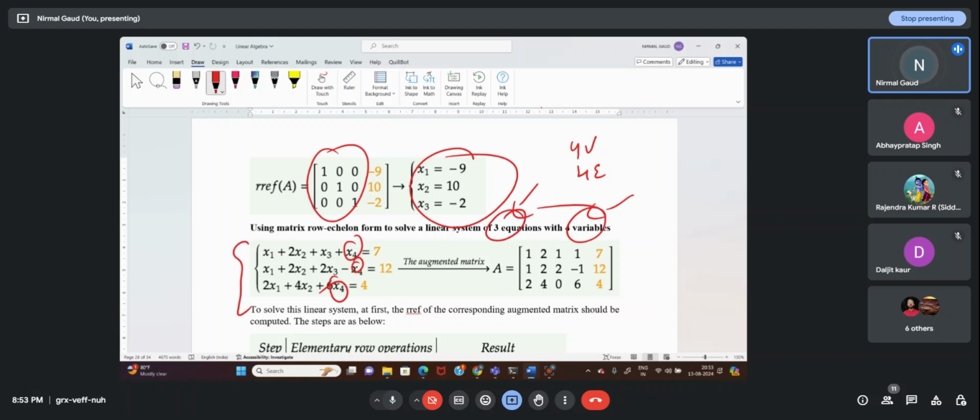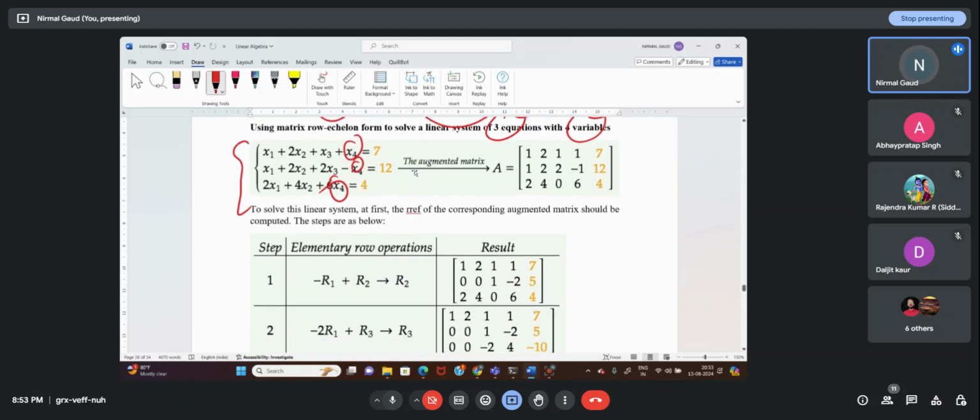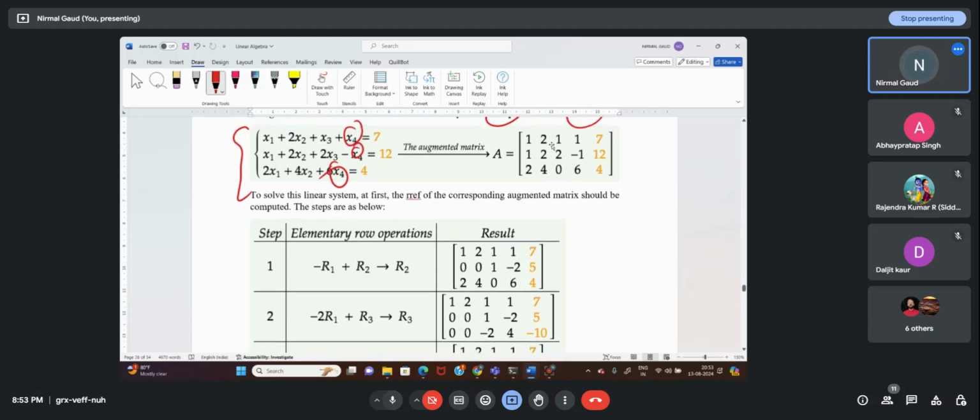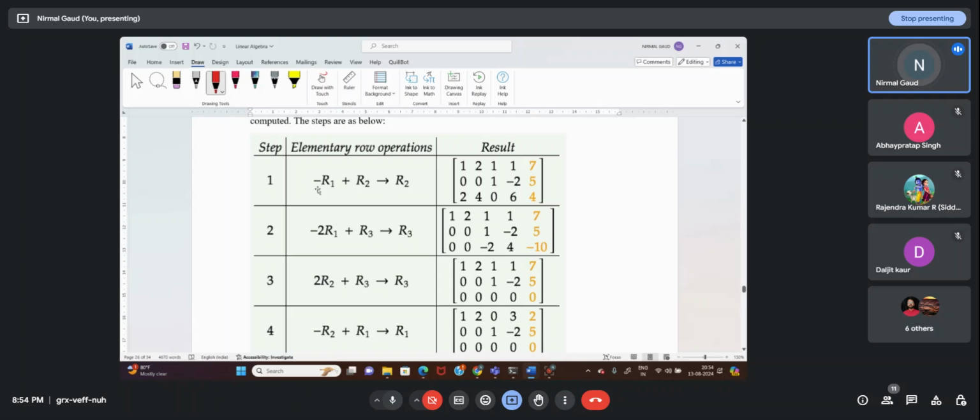Again, let's approach it in the same way. Create an augmented matrix. We created the augmented matrix. Here it is. The idea is the same: to convert this to 0 and this also to 0. So we started with the augmented matrix and applied row transformations.